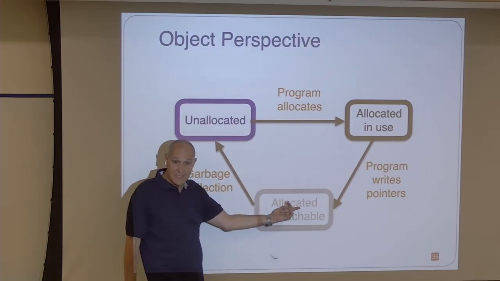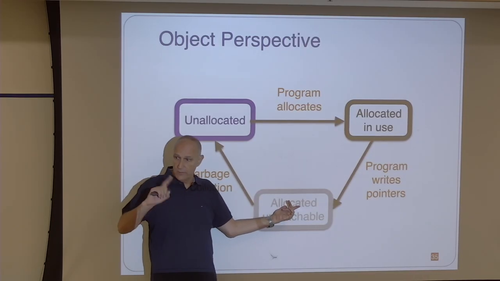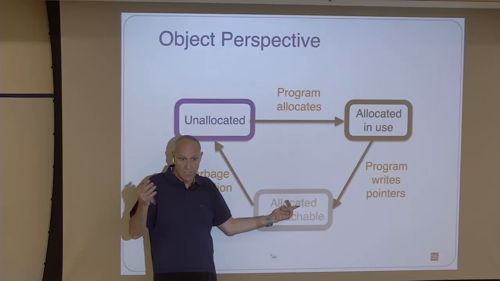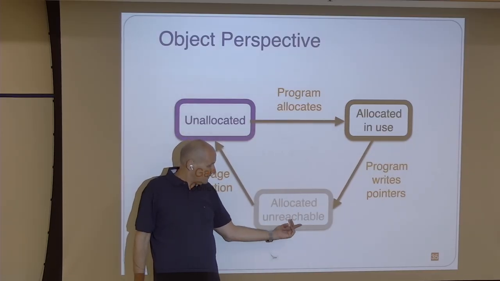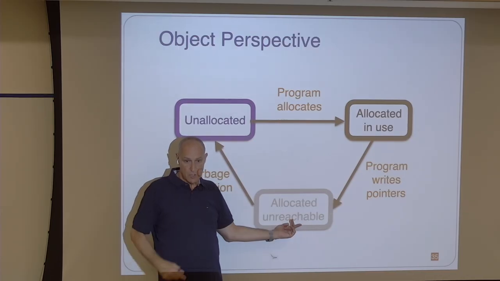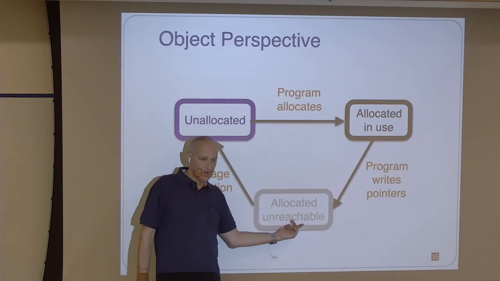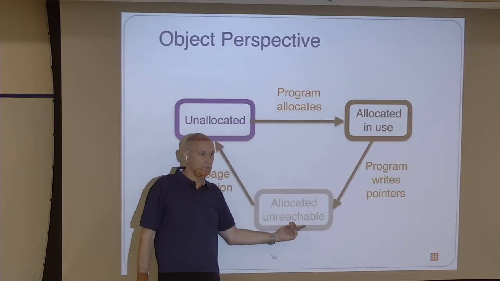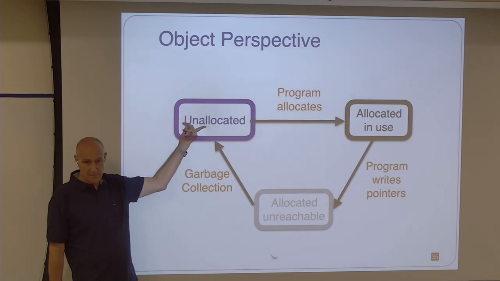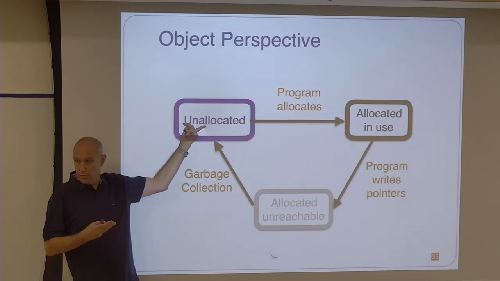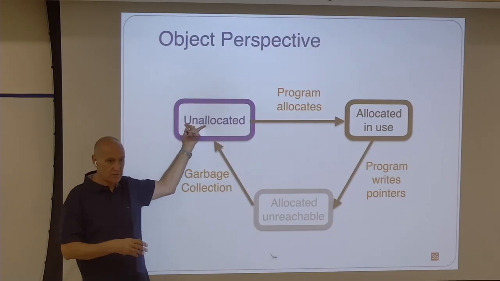So now it's still allocated. There's nowhere where it's written that it's not available, but it's unreachable. And the job of the garbage collection is to identify spaces that are allocated but now are unreachable and make them become unallocated again so that the allocator will be able to use them in future allocations.